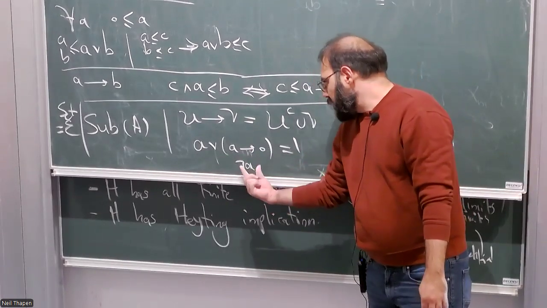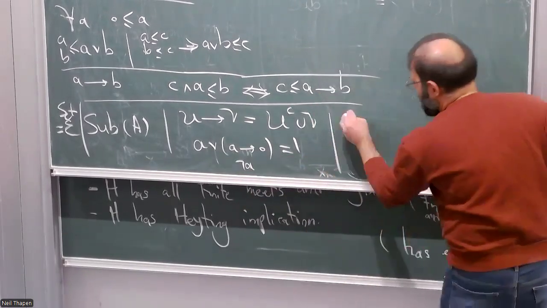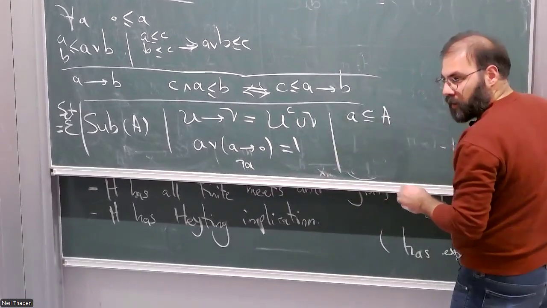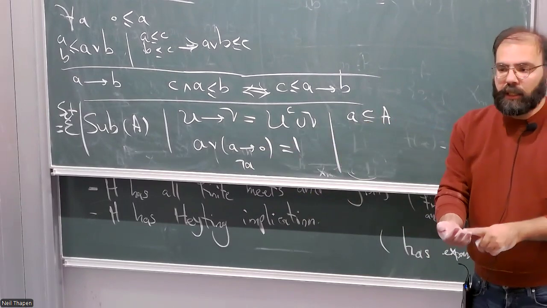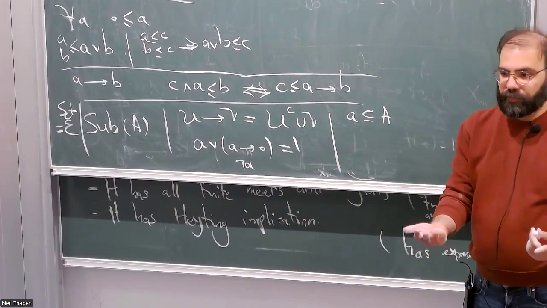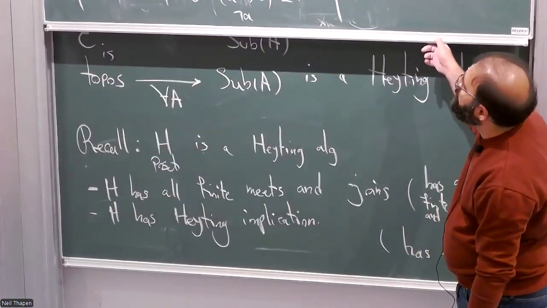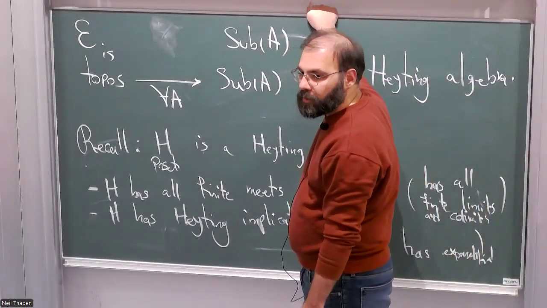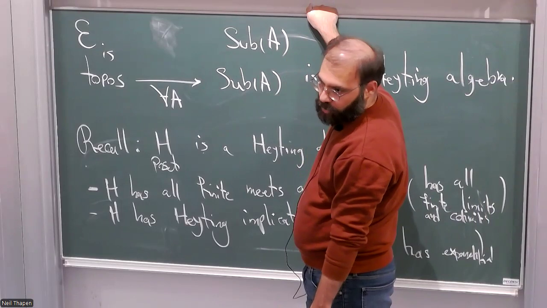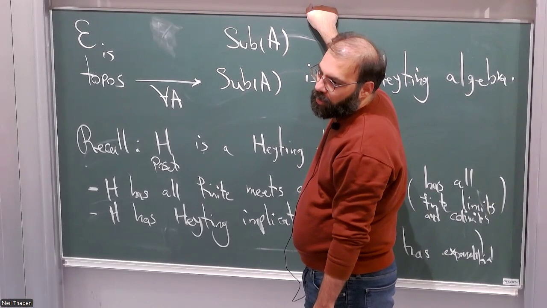Simply, it says any element is either in A or its complement. This is just the usual classical world. And the problem is that this Sub A is not classical, it is intuitionistic, and I cannot use it for classical purposes.